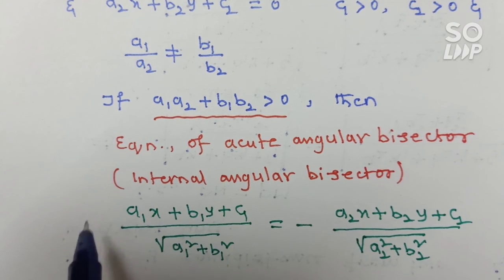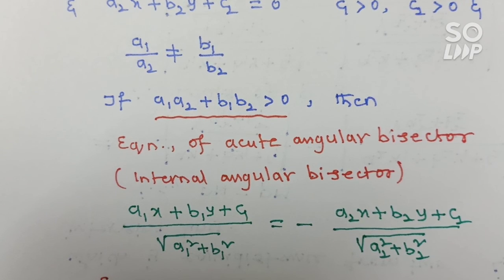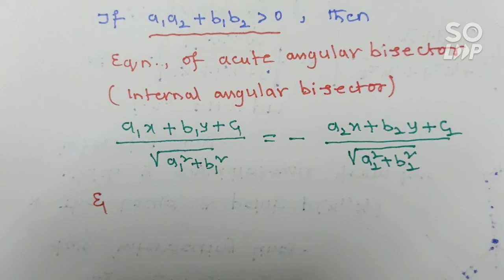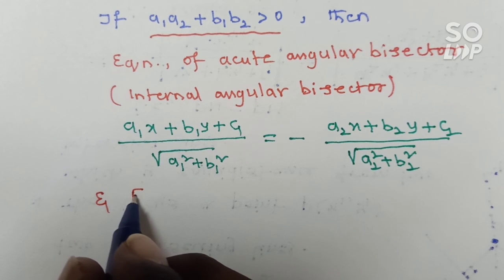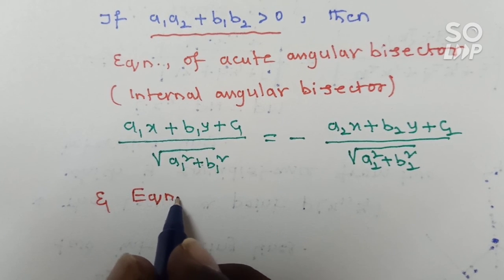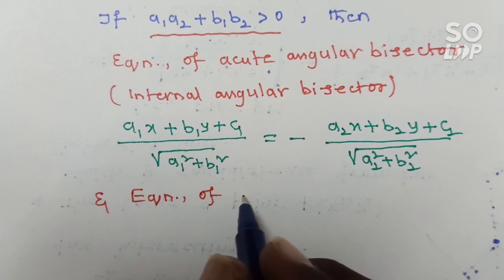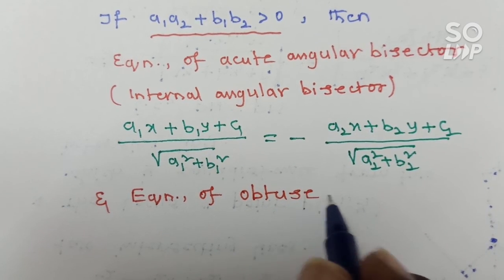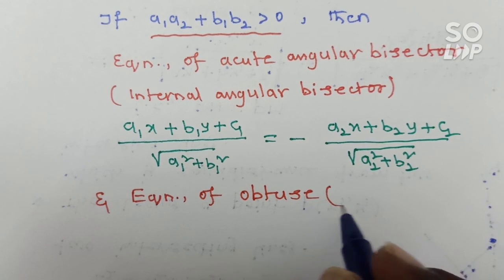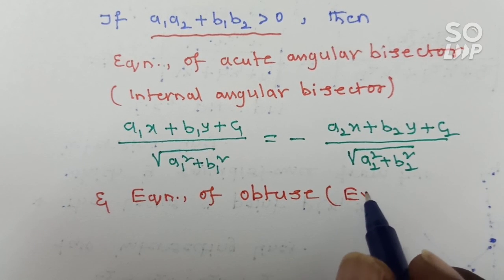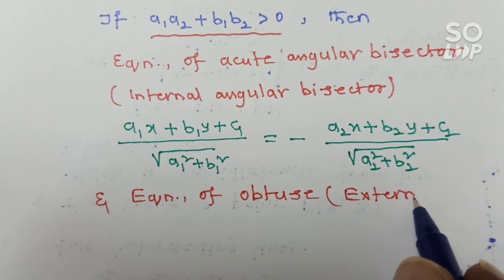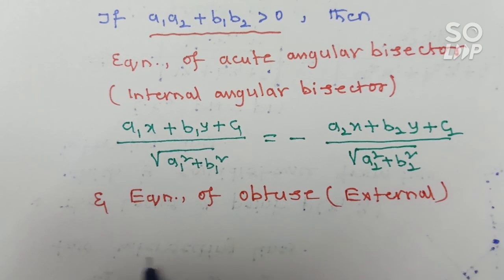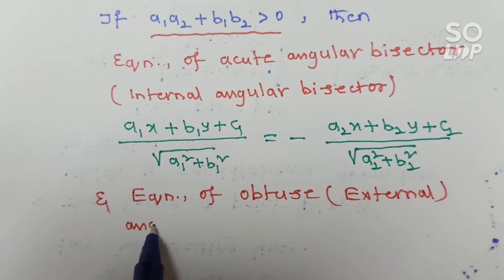Okay, and the next one is the equation of the obtuse or external angular bisector.